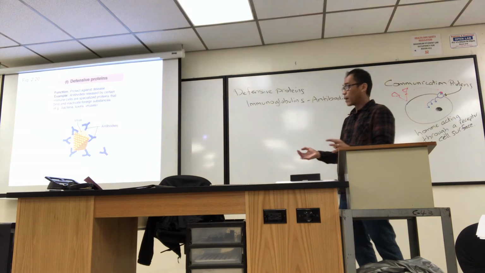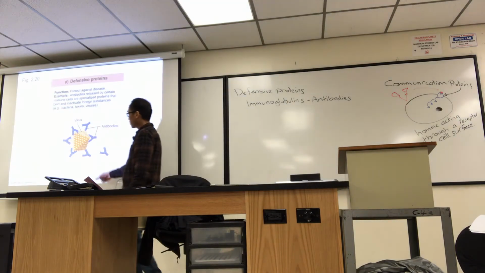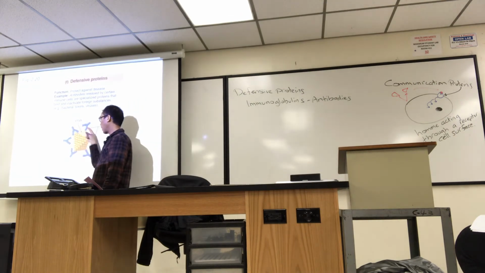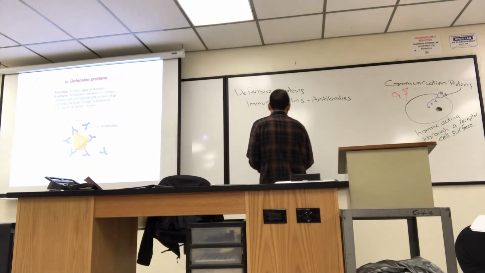It has the ability to recognize it. So let's say this structure is foreign to the body. Your immune system has these floating around in the bloodstream. They're made by the B cells.